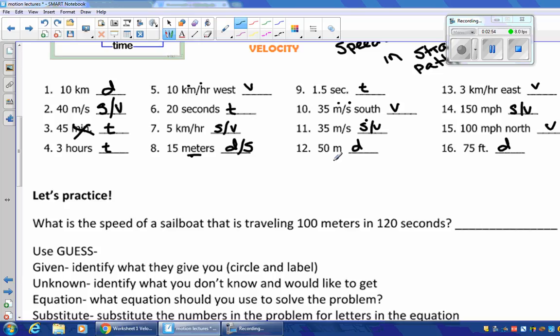M for meters is distance. Kilometers per hour east better be velocity. 150 miles per hour is speed or velocity in a straight line, so you can't be turning. 100 miles per hour north is velocity. 75 feet is distance.